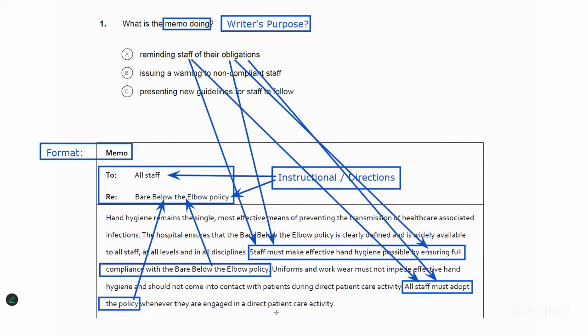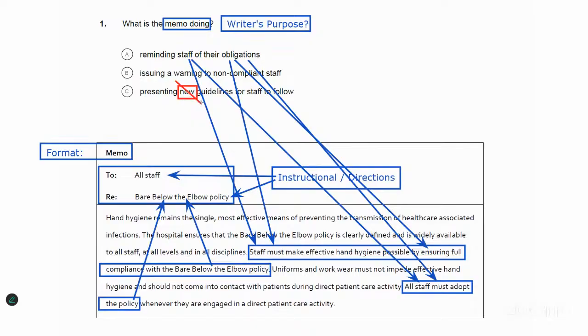They are guidelines, but they are not new.